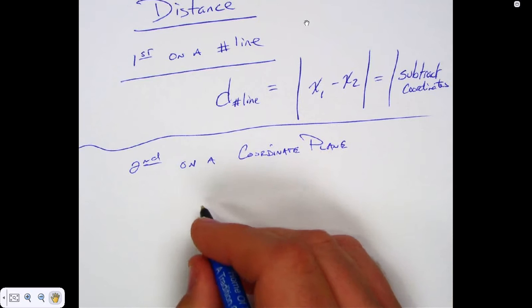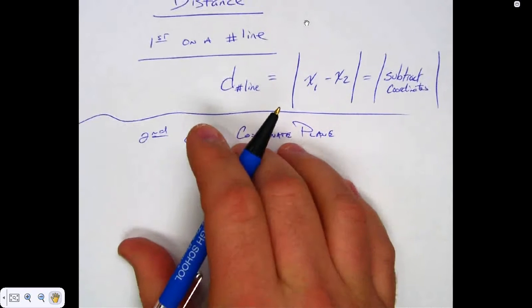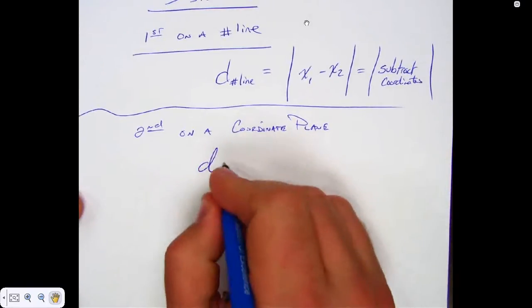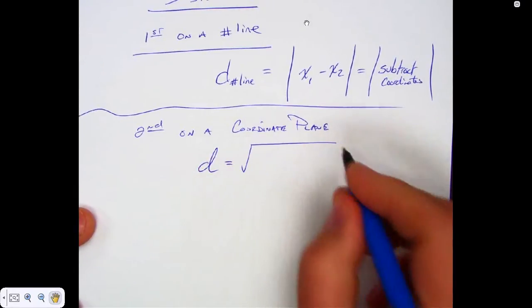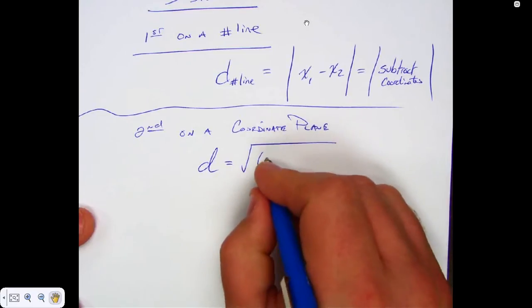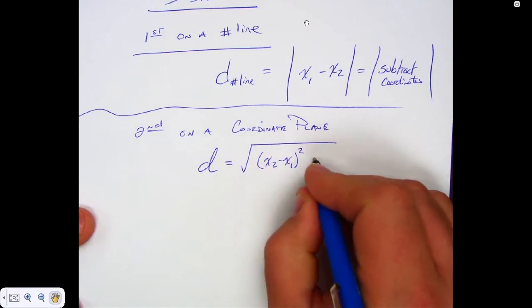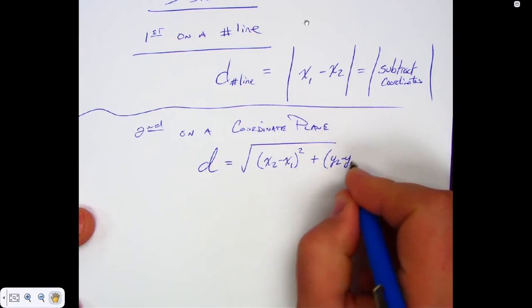Now, I'm going to give you two formulas. They're the same thing, but I think one, in my humble opinion, is easier to remember. Distance is equal to the square root of x2 minus x1, quantity squared, plus y2 minus y1, quantity squared.